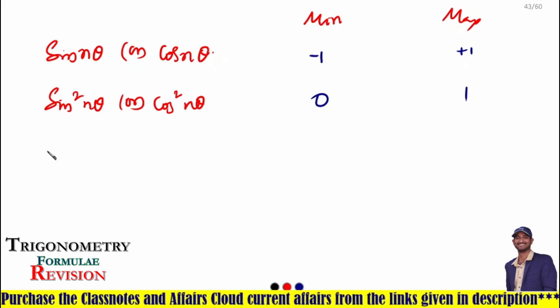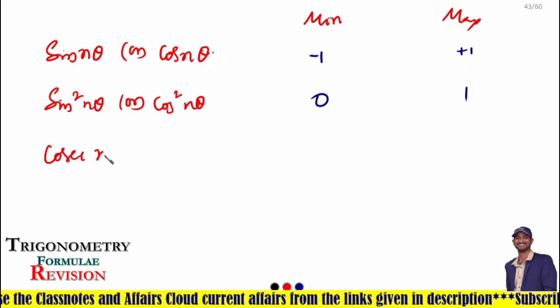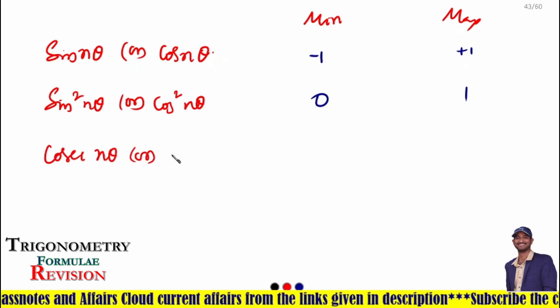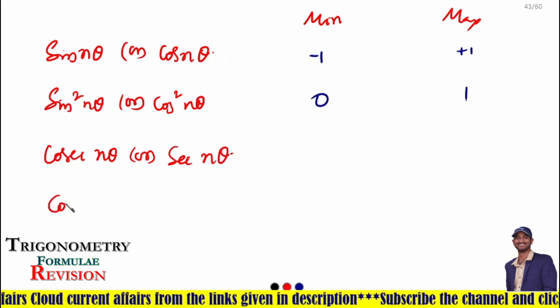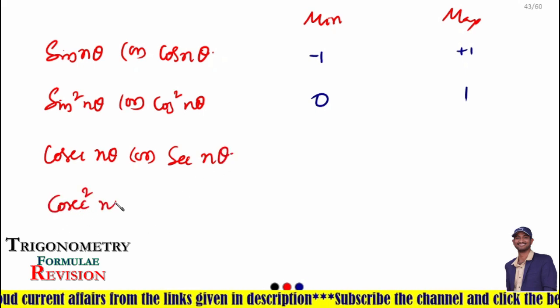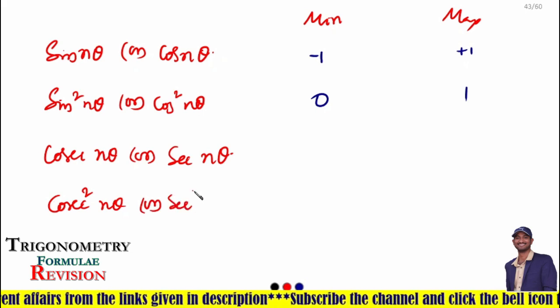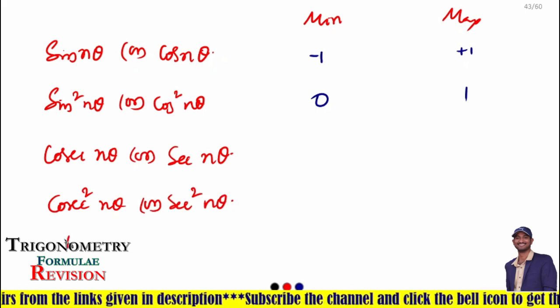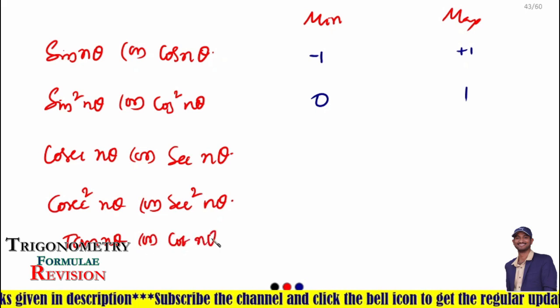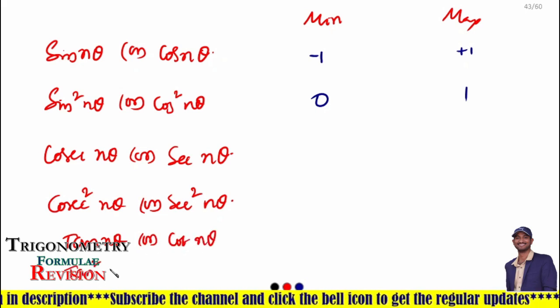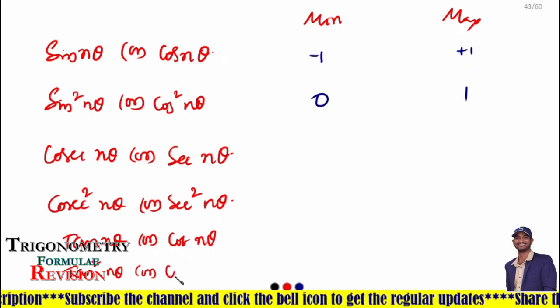What about cosecant? Cosecant nθ or secant nθ, or cosecant² nθ or secant² nθ, tan nθ or cot nθ, tan² nθ or cot² nθ.